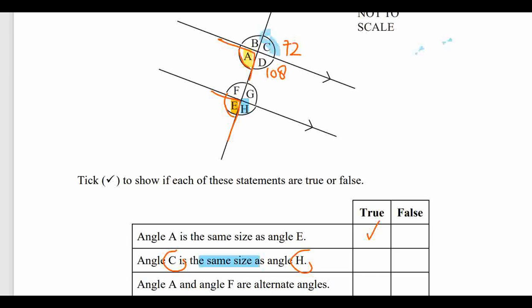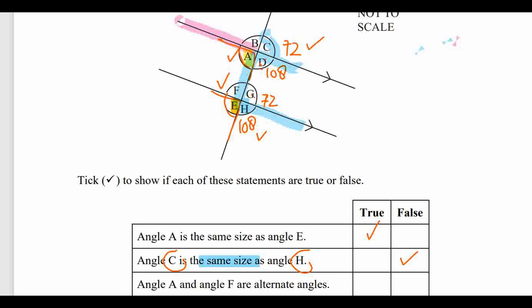Now this will be an interior angle, this and this. So this also will be 72 because the sum of D and G has to be 180. Then this will be 108 because G and H have to form a straight angle. So if C is 72, H will be 108. So this is false. Angle A and angle F are alternate angles. So angle A and angle F, they are inside this.